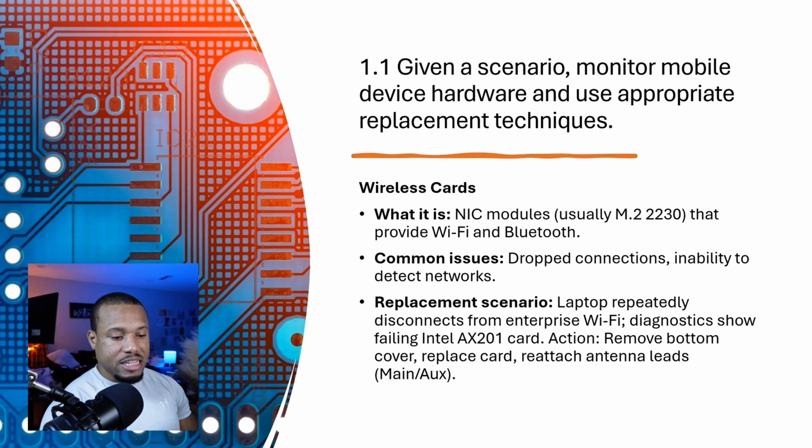A typical replacement scenario occurs when a laptop repeatedly disconnects from enterprise Wi-Fi and diagnostics point to a failing Intel AX201 card. The proper fix involves removing the laptop's bottom cover, replacing the faulty card, and reattaching the main and auxiliary antenna leads to restore stable wireless connectivity.